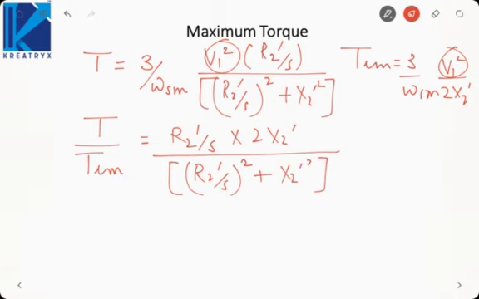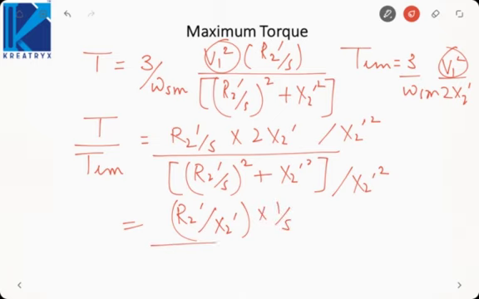Now how to simplify this? We have to write this in terms of SMT, or the slip for the maximum torque. So what we can do is we can divide both numerator and denominator by X2 dash square. So it will become R2 dash by X2 dash into 1 by S divided by R2 dash by X2 dash S whole square plus 1.